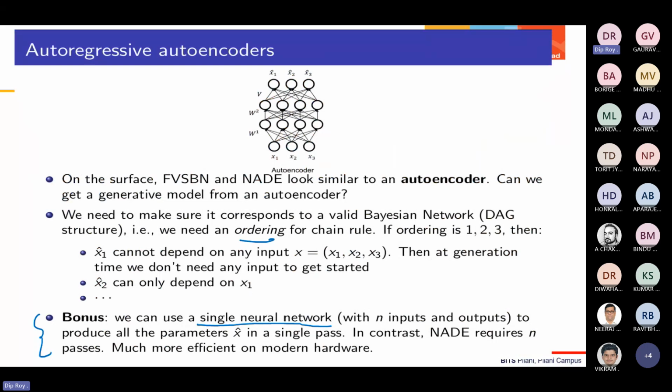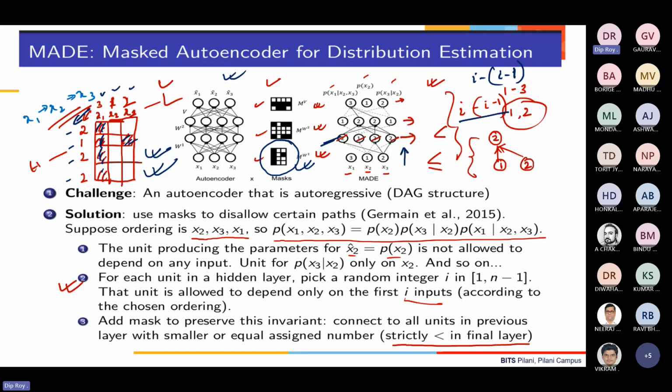But why cannot autoencoders be autoregressive? Because autoencoders do not have any structure. To bring the structure, what we did was we introduced this concept, which is masked autoencoder for distribution estimation.